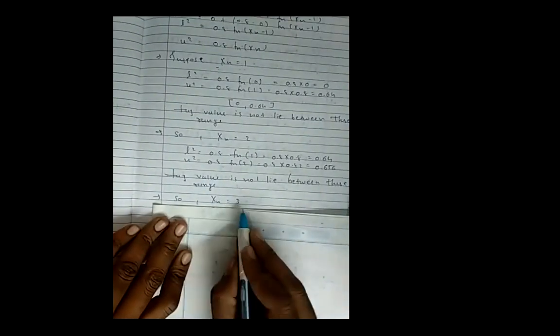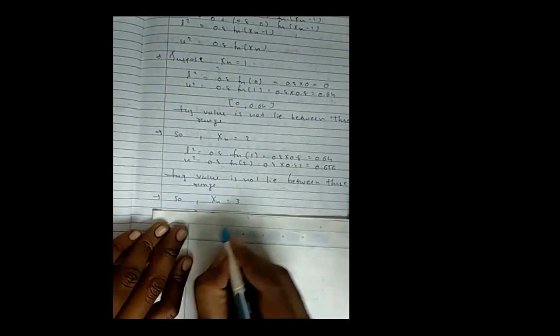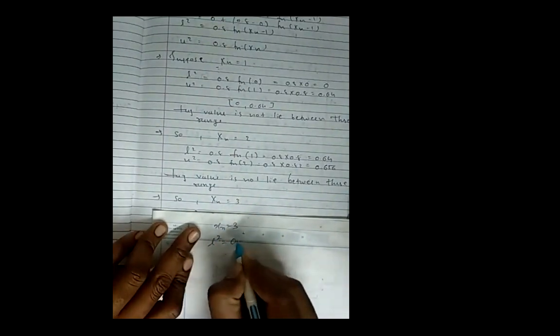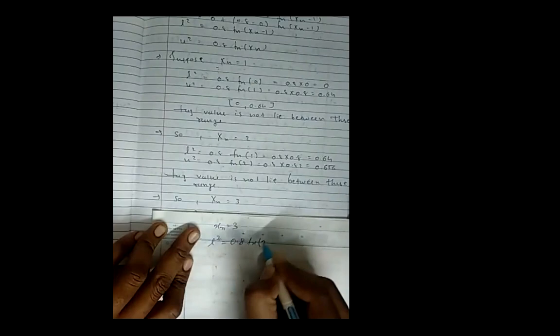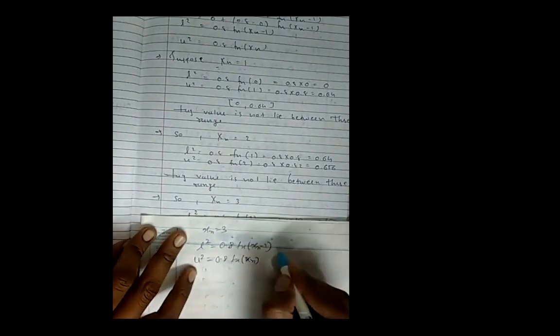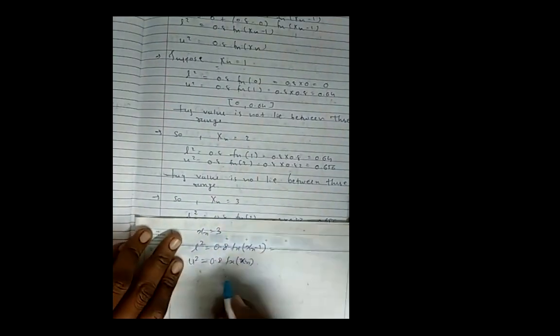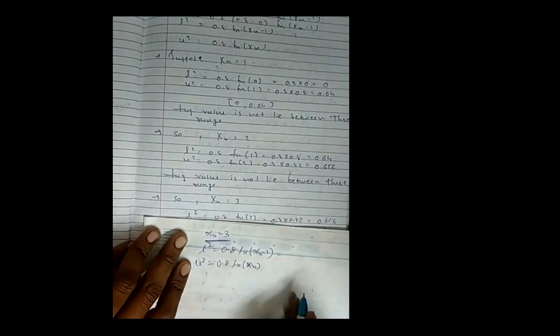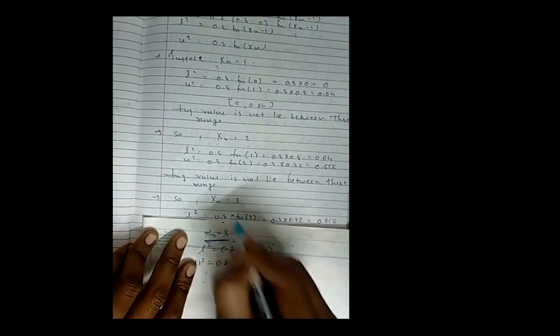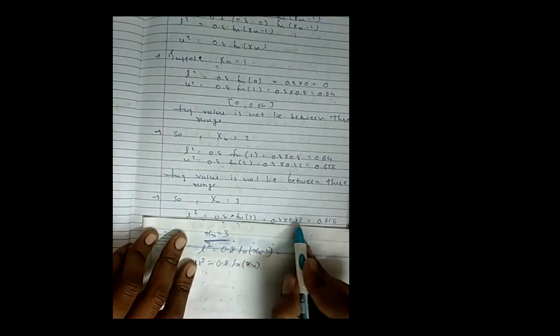If I consider xn equal to 3, then what is my L2, that is 0.8 into fx(xn minus 1), and U2 was my 0.8 fx(xn). So now what value of xn will I put? I will consider 3. Over here you can see 0.8 is multiplied by 0.8 into 0.82.